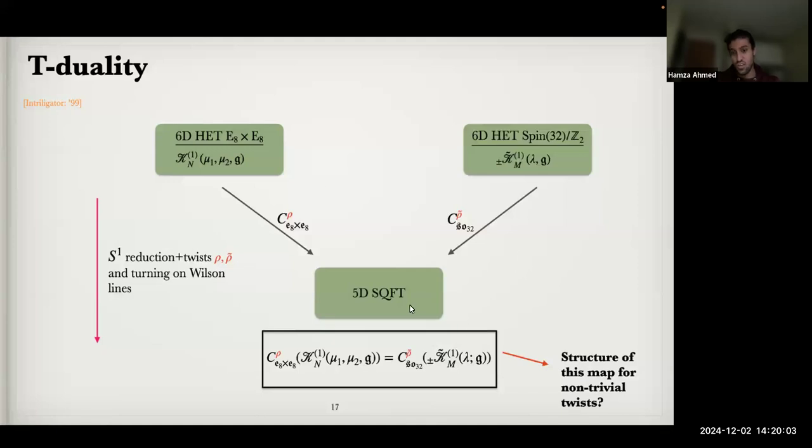In particular, as I'll show you later on, once you turn on twists, you would get another T-dual theory, which would be a twisted E8 times E8 theory. So allowing for twists gives you more T-dual theories, as I'll explain. I'll show you examples later on.